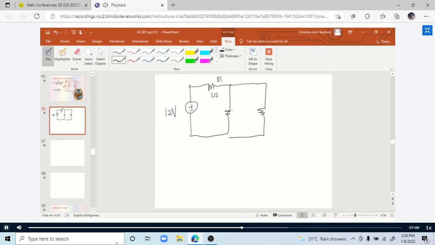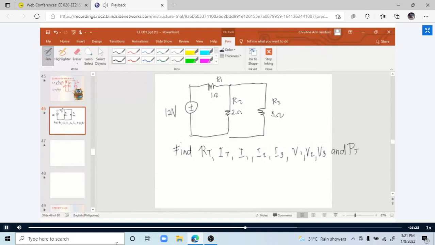This should be our R1, this is our R2 and this is our R3. We need to find the total resistance, the total current, I1, I2, I3, V1, V2, V3, and the total power.